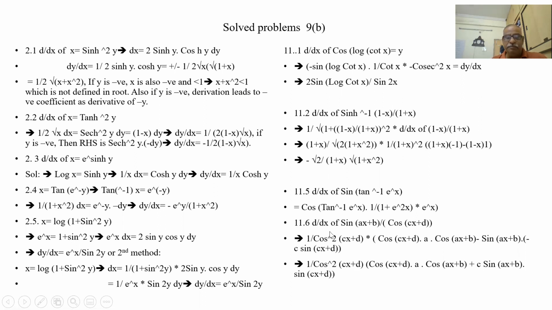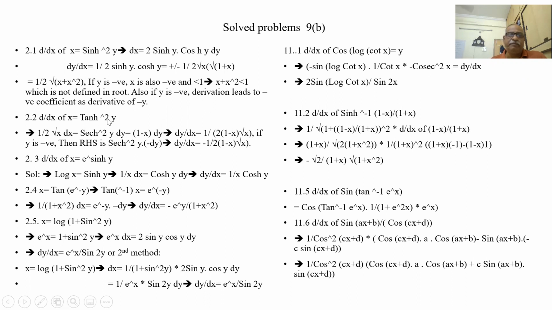It is written here: x plus x square should not be less than 1 under root. No? This cannot be less than 1. And if y is negative, then in the derivation also we'll get another multiplication of minus, because 2 sinh y cosh y into minus 1 will come if it is minus y.